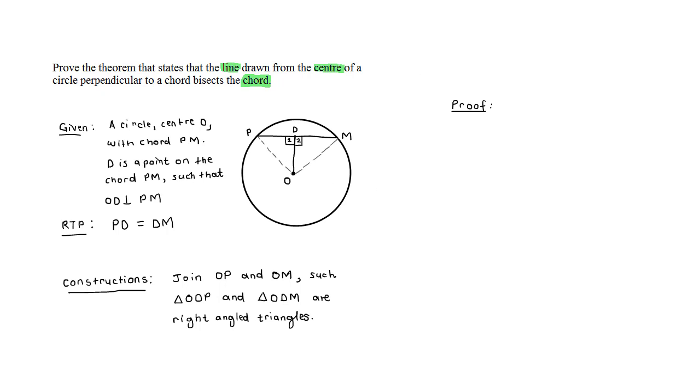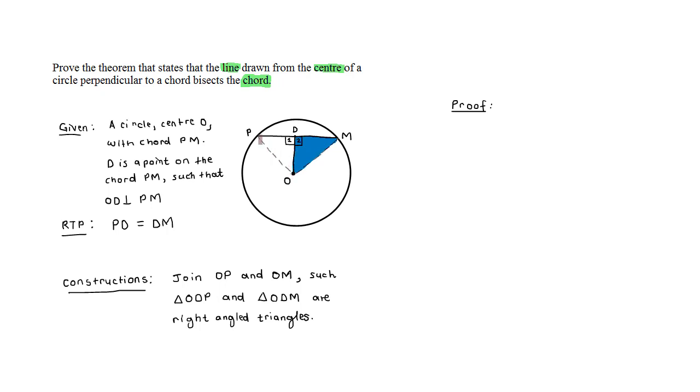So now let's just look at what we've created. We have now two different right angle triangles. We have this one over here to our right, which contains the angle D2. We'll shade it in blue.